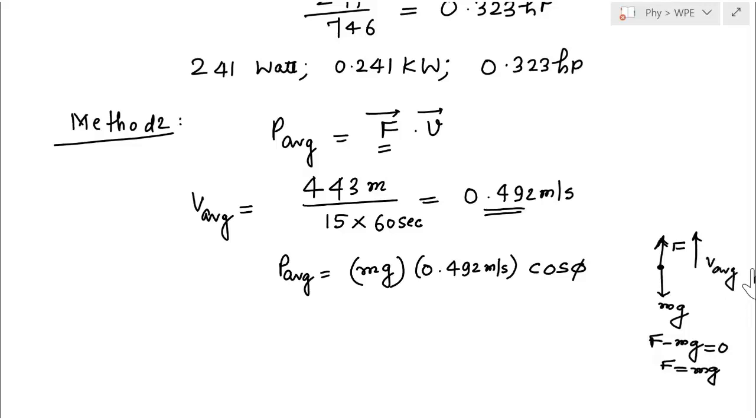So there is an angle of 0 degree between the force vector and the velocity vector. So cos phi is basically cos 0 degree, and you know cos 0 degree is equal to 1. So the average power is simply mg times 0.492 meter per second. Now mass is given, that is 50 kg.